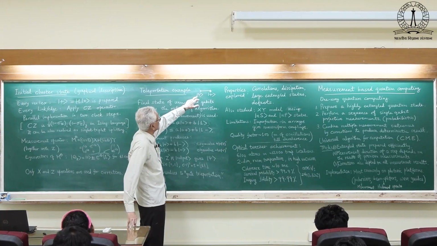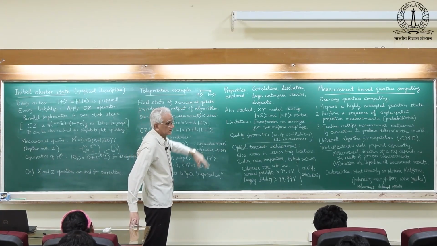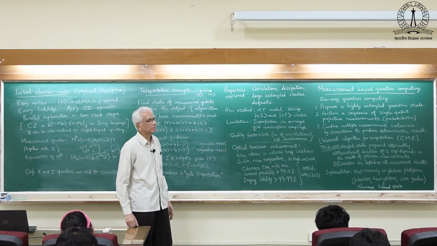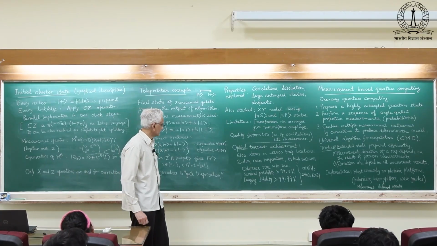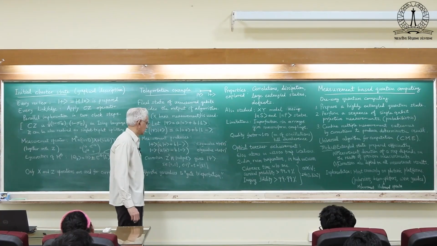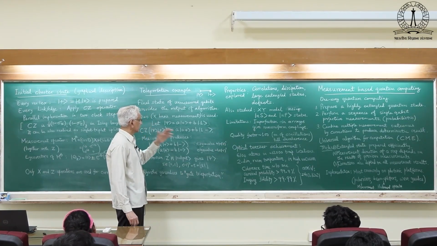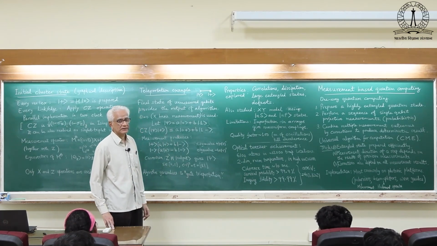So you have some gate on one qubit, you can transport it so it acts on the second qubit. And that and other kinds of tricks which will demonstrate the universality of this scenario, I will cover in the next class.